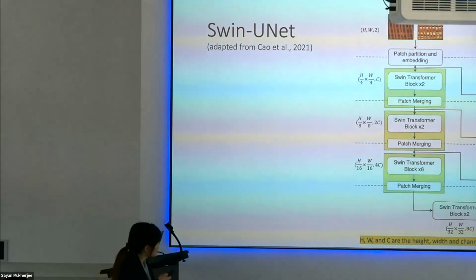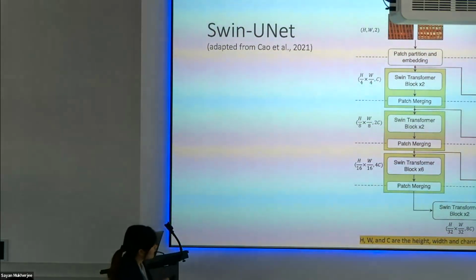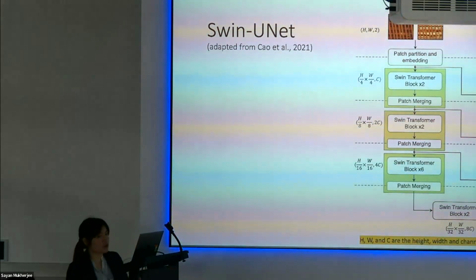Moreover, the basic encoding blocks in green and the bottleneck block, as well as the basic decoding blocks in blue, are all constructed with Swin transformer blocks.